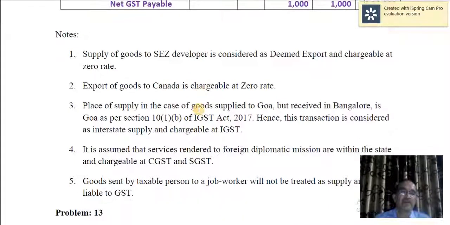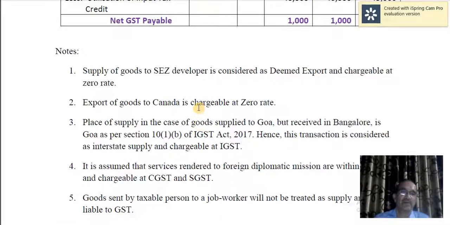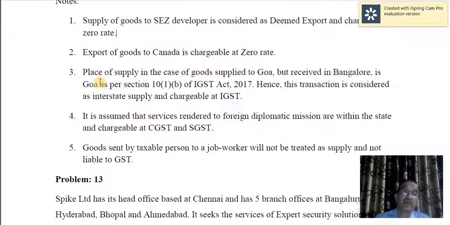Okay. Now let us see some of the notes relating to that. Supply of goods to special economic zone developer is considered as deemed export and chargeable at 0 rate. Export of goods to Canada is chargeable at 0 rate. Place of supply in the case of goods supplied to Goa but received in Bangalore is Goa as per section 10 subsection 1 subclause B of IGST Act 2017.